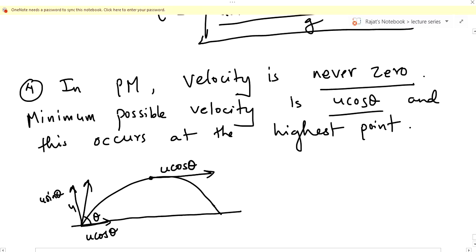This horizontal component is what moves the projectile in the forward direction. If this had been zero, then the projectile would have fallen vertically, but it does not fall. It completes the remaining symmetric half of the trajectory. This is happening because this initial horizontal component is still there and it drags the ball in the forward direction. So the minimum velocity is u cos theta, and this is occurring at the highest point.